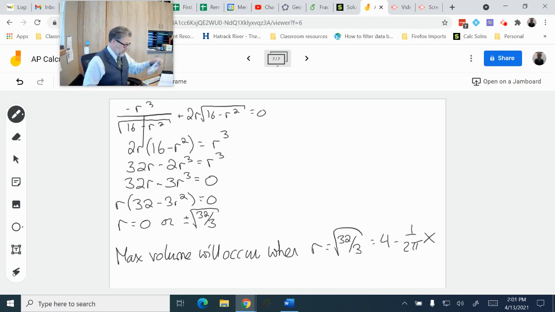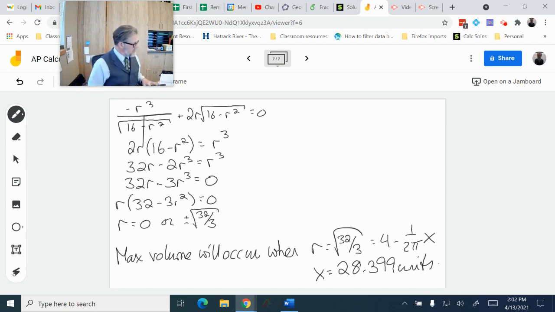Let's make sure this answer makes sense. So I'm playing with my calculator here. Should have done this in advance. Minus 4 times negative 2 times pi gives me x equal to 28.399 units.